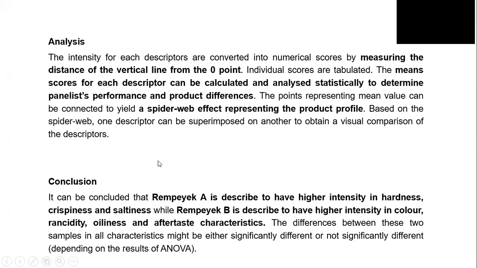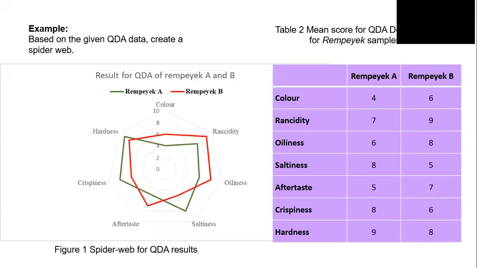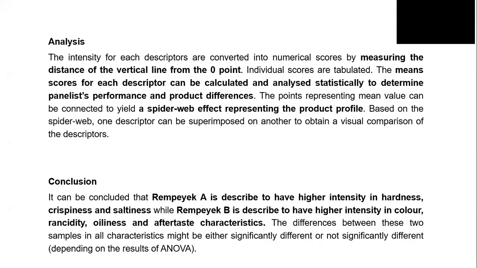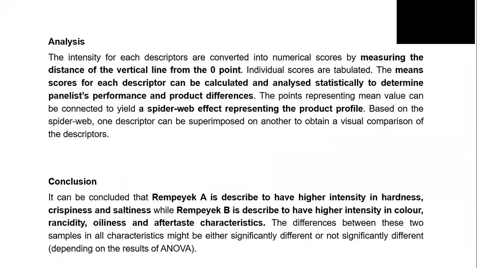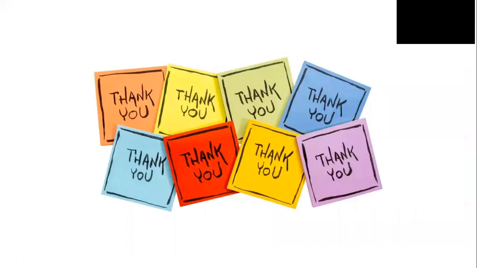So for example, in this situation, we can conclude that rempeyek A is described to have higher intensity in hardness, crispiness, and saltiness, while rempeyek B, the red color, is described to have higher intensity in terms of color, rancidity, oiliness, and aftertaste. All right, that's how you actually do the quantitative descriptive analysis.